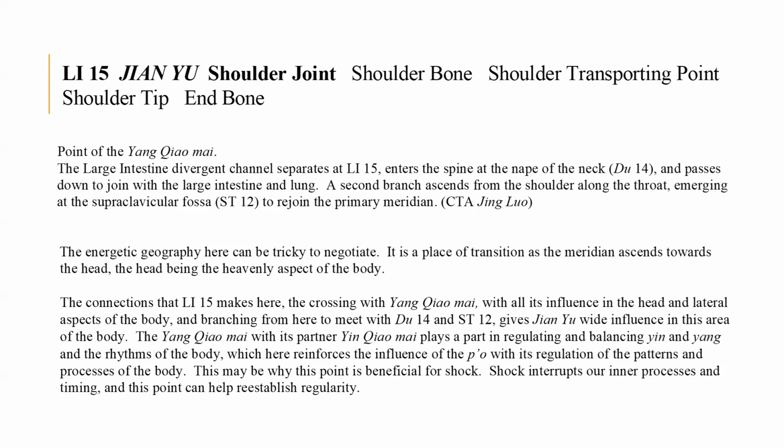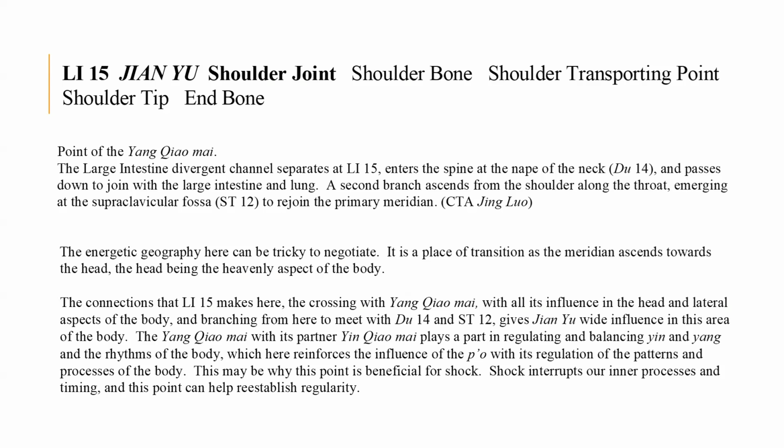A second branch ascends from the shoulder along the throat, emerging at the supraclavicular fossa, Stomach 12, to rejoin the primary meridian. The energetic geography here can be tricky to negotiate. It is a place of transition as the meridian ascends towards the head, the head being the heavenly aspect of the body.